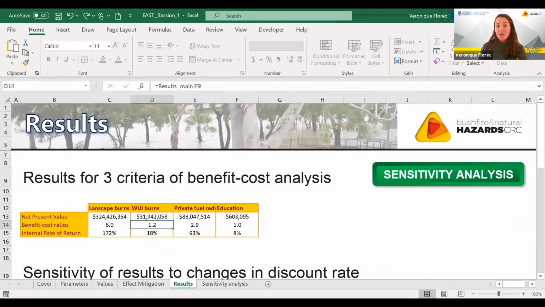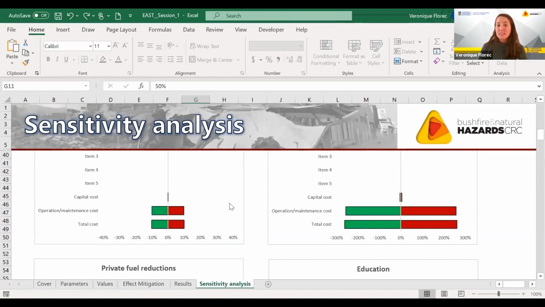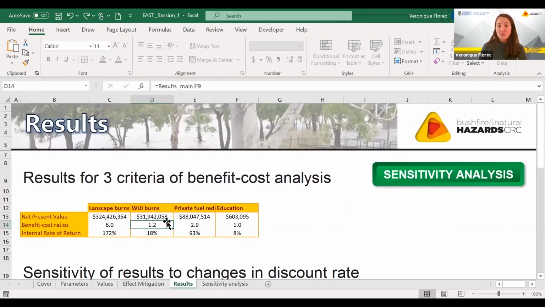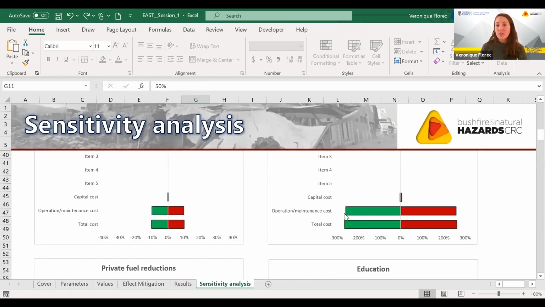But what if the cost of wildland-urban interface burns is much lower than what you think? Then we'd be making a decision based on these results, knowing that for this particular mitigation option, we cannot have much confidence in it unless we know that we have good data on it.